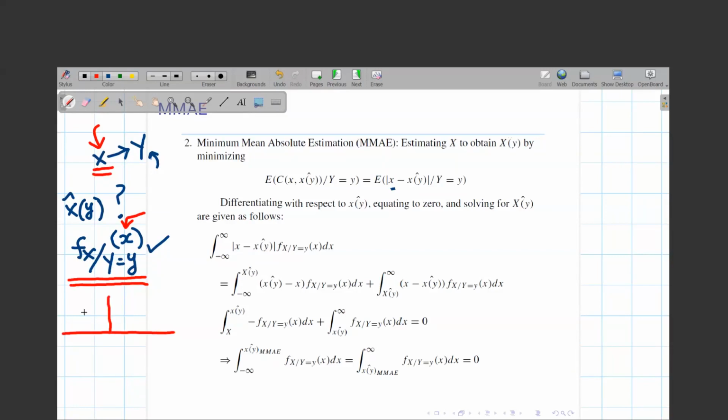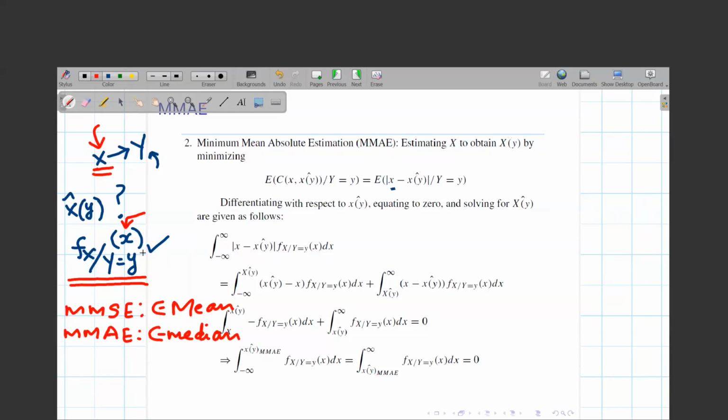Now, how to get a solution. There are three ways. One is the conditional mean, which is actually the solution for MMSE. Another is the conditional median.